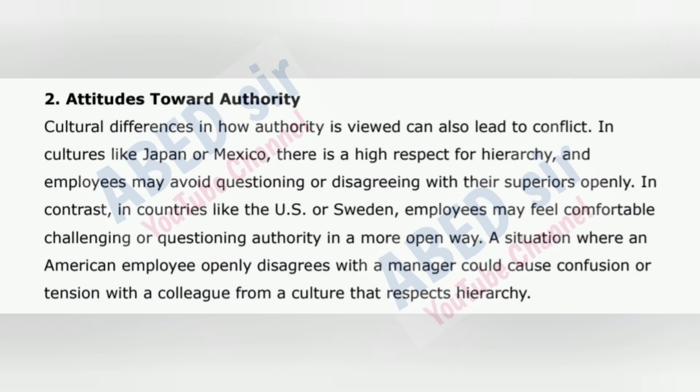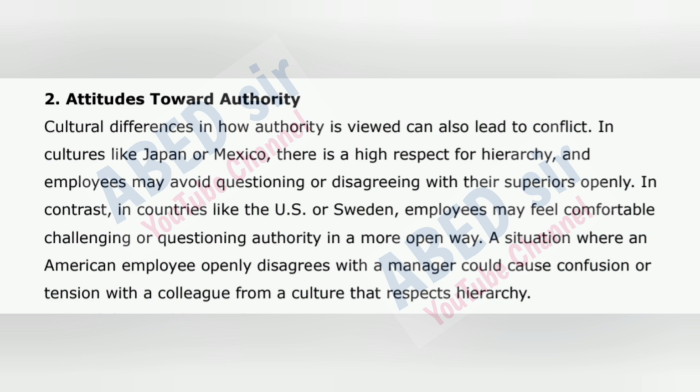2. Attitudes toward authority. Cultural differences in how authority is viewed can also lead to conflict. In cultures like Japan or Mexico, there is a high respect for hierarchy and employees may avoid questioning or disagreeing with their superiors openly.